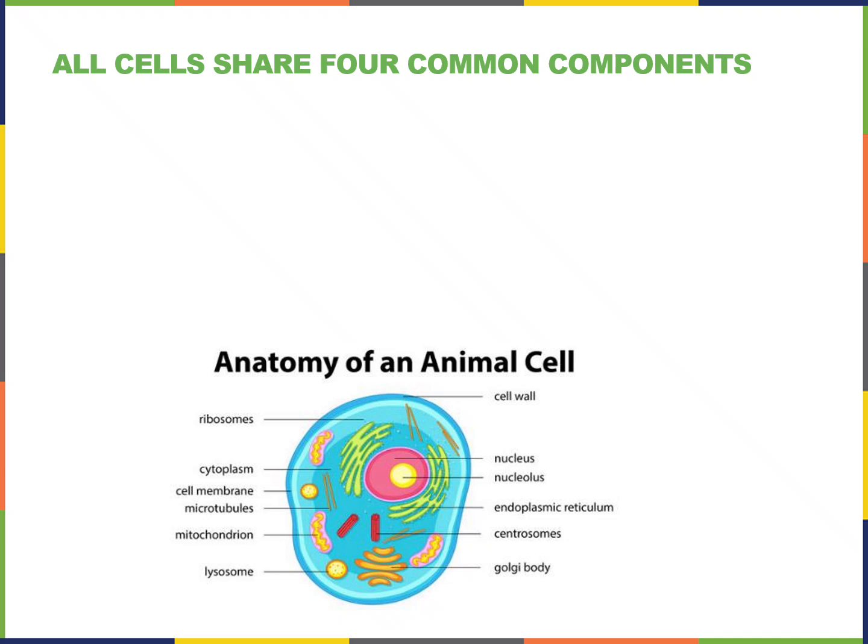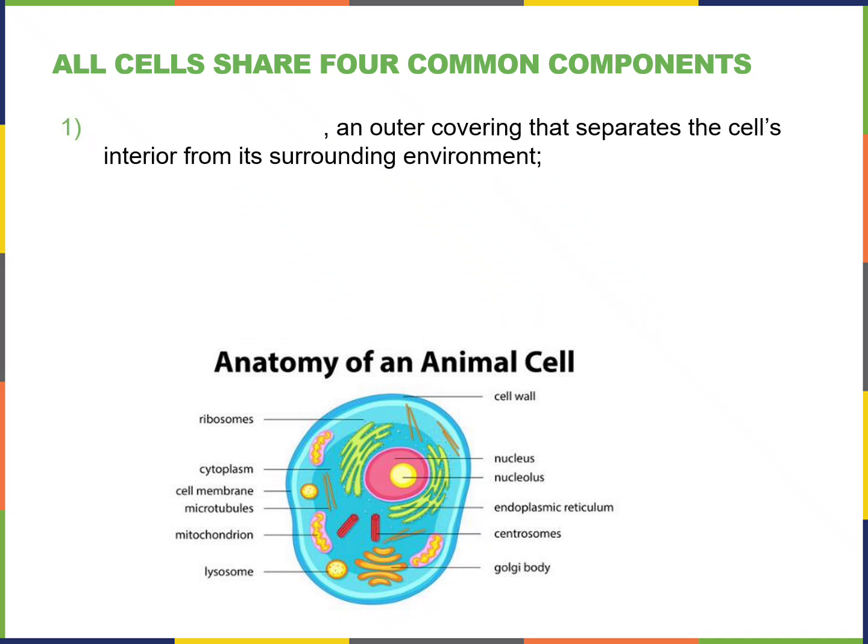All cells, all of them, prokaryote, eukaryote, all cells have 4 common components. The first, an outer covering that separates the cell's interior from its exterior environment. That is called the plasma membrane.